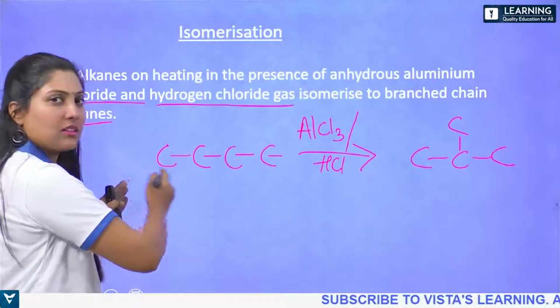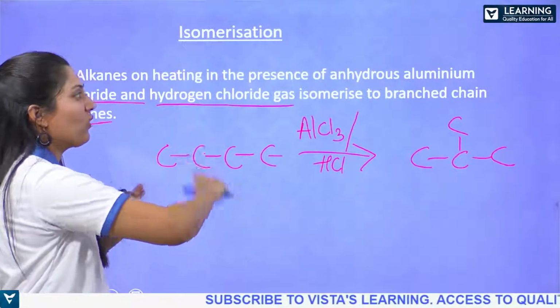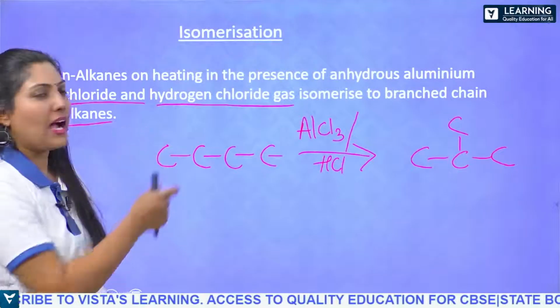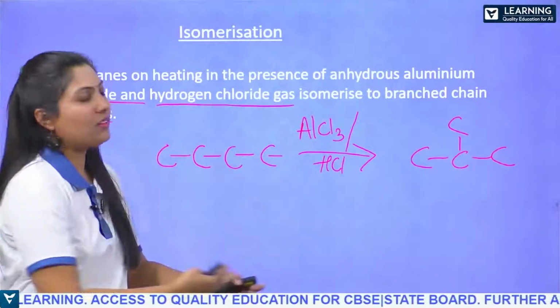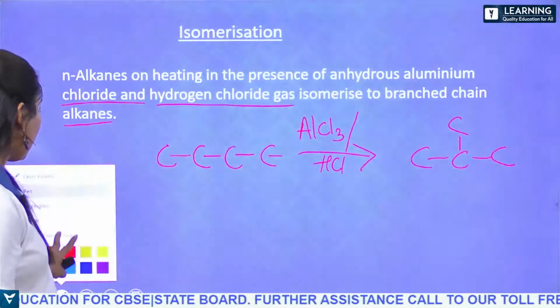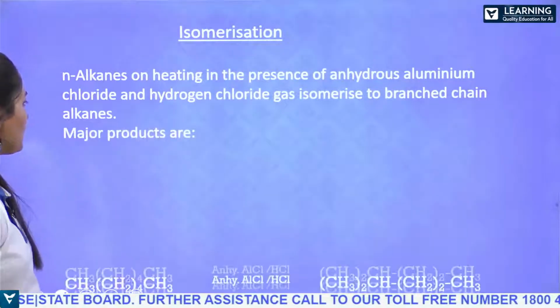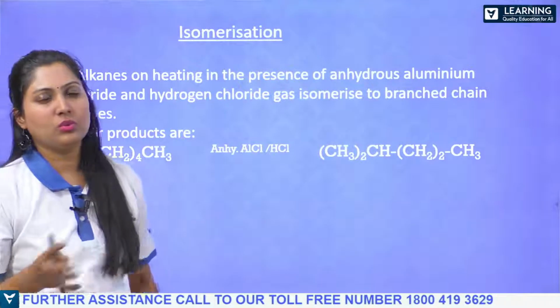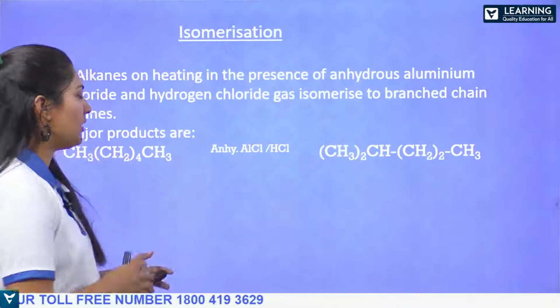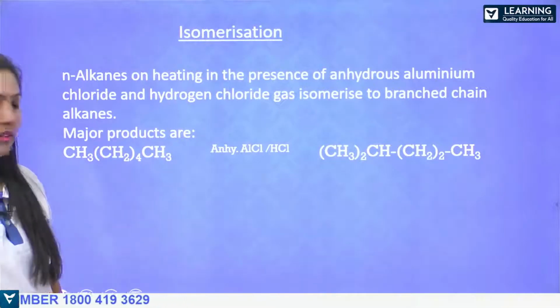It will be a single chain, and in presence of anhydrous aluminum chloride and hydrogen chloride, it converts itself into the branched molecule or branched chain. You will have two types of products here: the major products, and you can also have minor products.